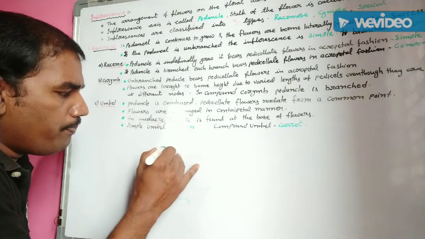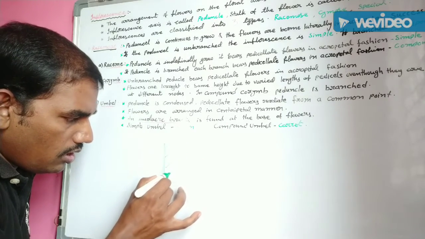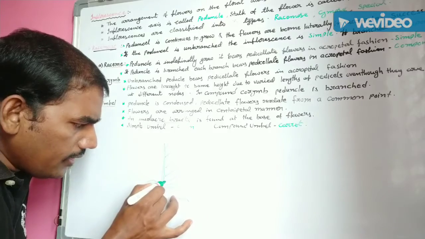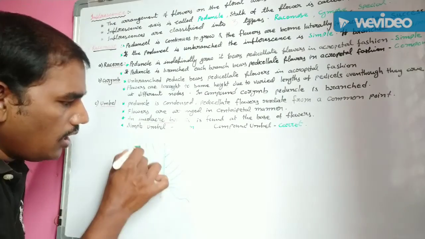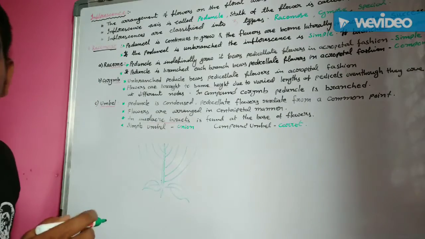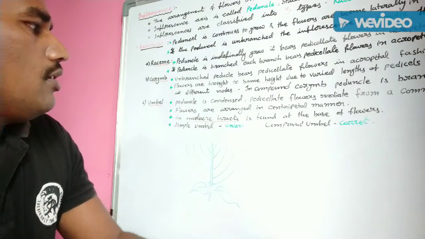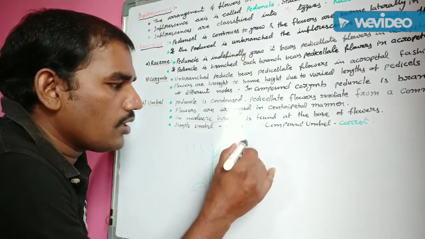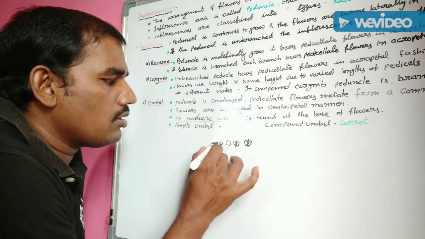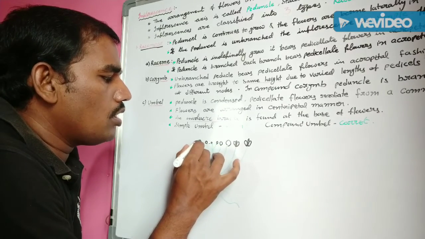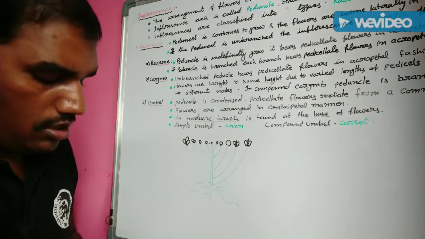Even though they are borne at different places, there are various lengths of pedicel. Various lengths of pedicel. The flowers in this, the blooming flowers, are large, then small, gradually smaller.